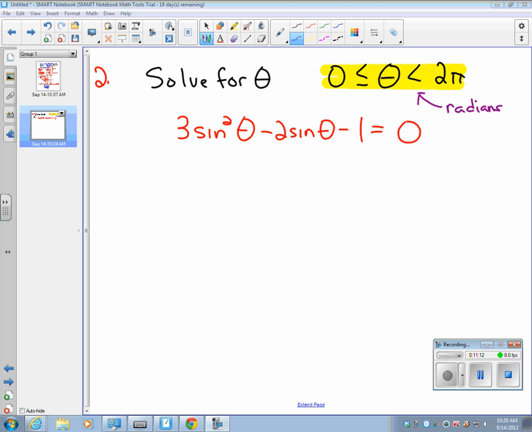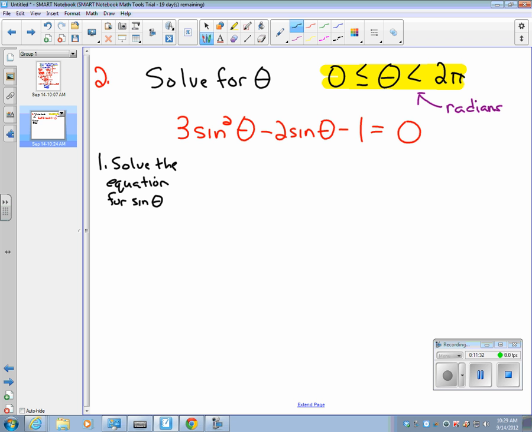Remember, step 1 was to solve the equation. This time we're going to solve the equation for sine theta. So it's like pretending that the sine thetas are x's, right?